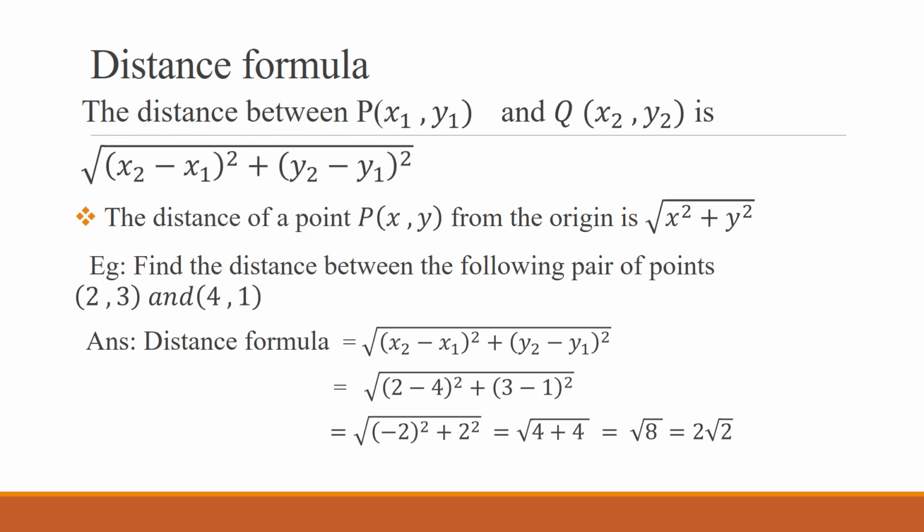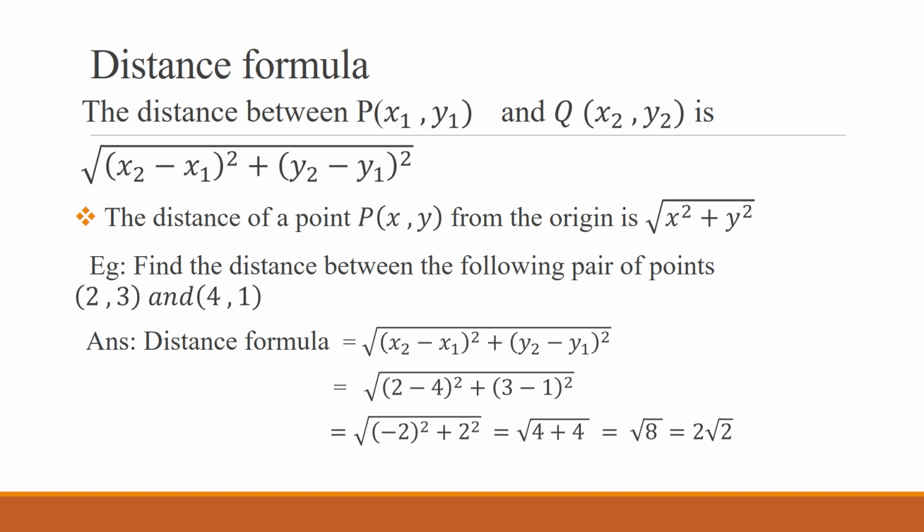In particular, the distance of a point P(x, y) from the origin O(0, 0) is given by OP equal to the square root of x square plus y square.